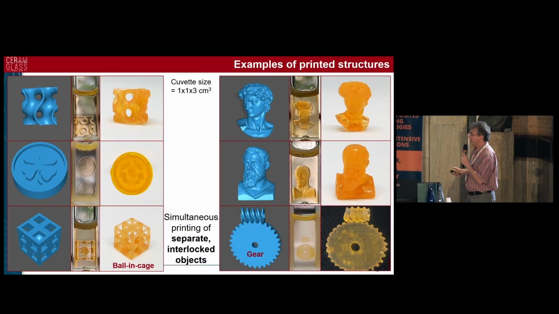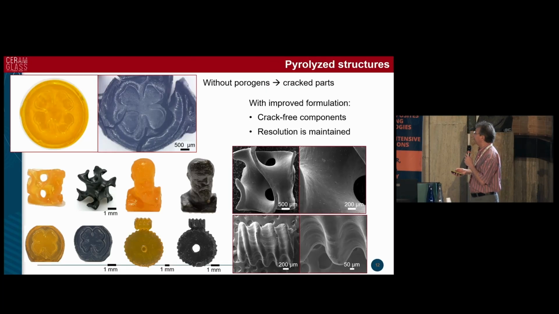You can see that because of the volumetric approach, we can print, for instance, directly bowling cage structures. And then after pyrolysis, due to the high content of organics, we incurred some issues which are typical for preceramic polymers, that is cracking due to the release of gas, mostly coming from the organic part.